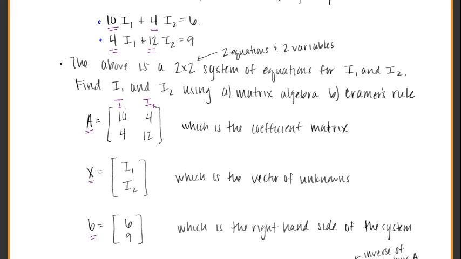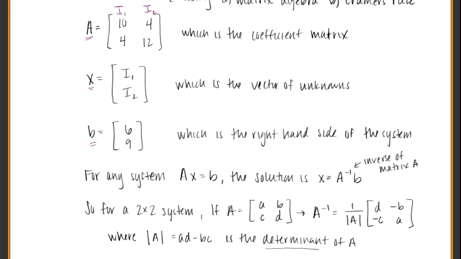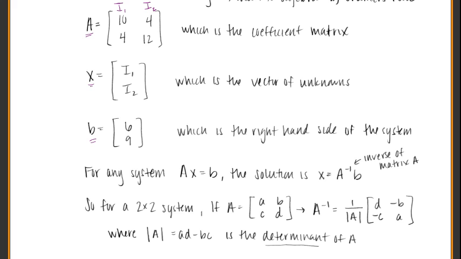Okay, so from here we're going to take those three matrices, A, X, and B, and here's some very important information. For any system, your coefficient matrix times the variable matrix is going to equal the 6 and the 9, what it's going to result to.